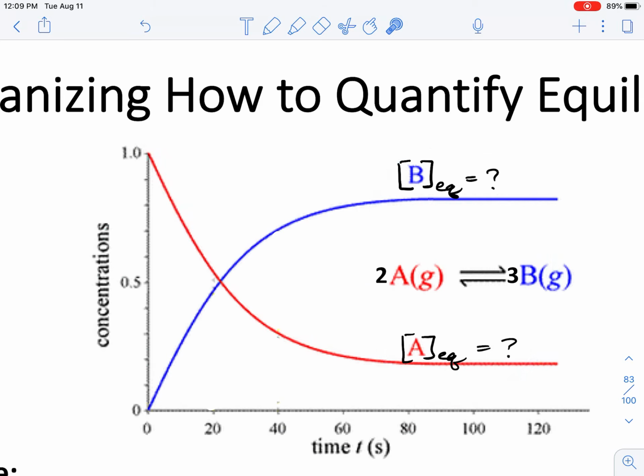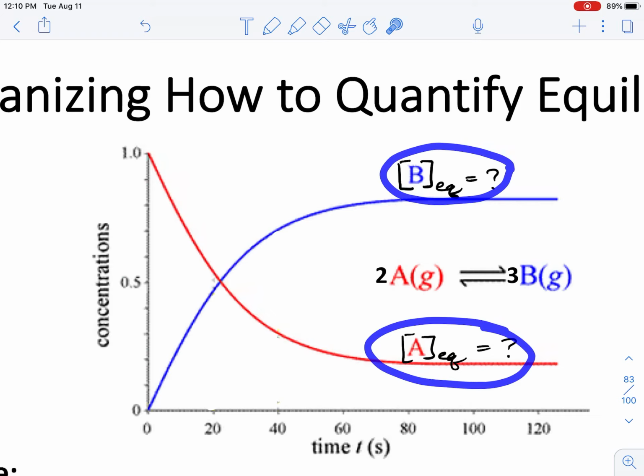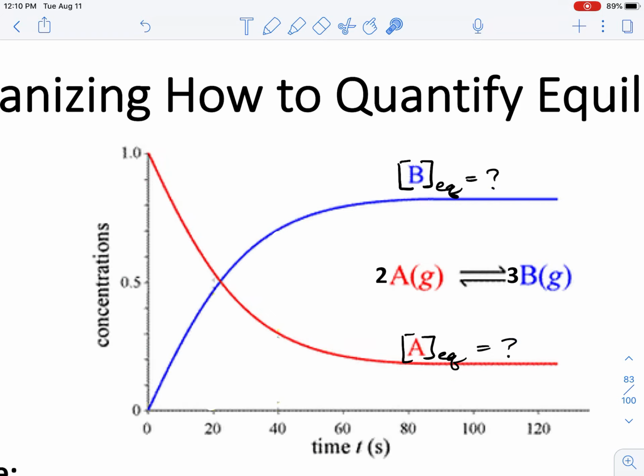And so once again, if I wanted to determine the equilibrium concentration for these two substances, the reactants and the products, I need to somehow describe the progress of the chemical reaction from start to finish mathematically.